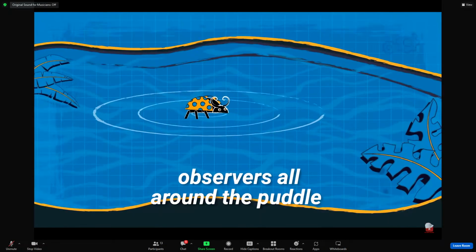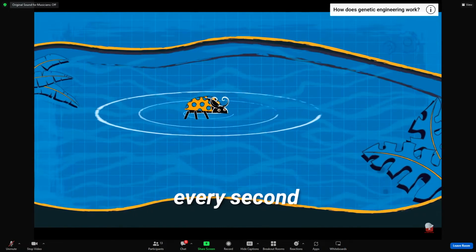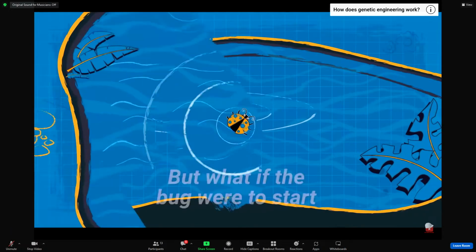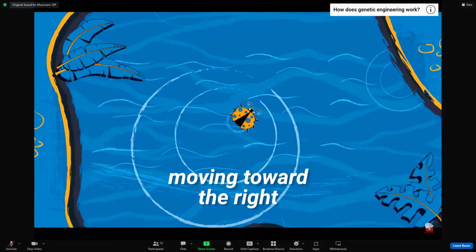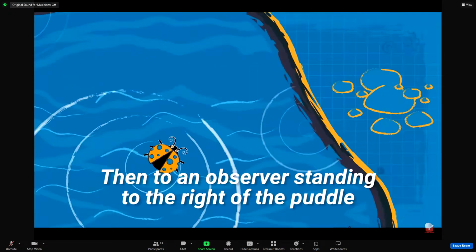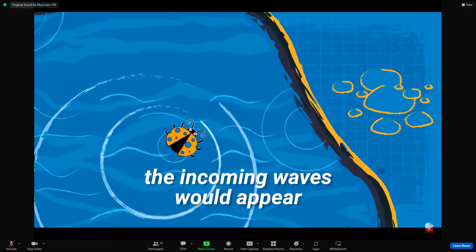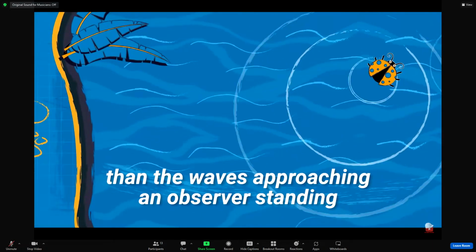But would also with its arms and legs at the same frequency than the waves approaching an observer's head.